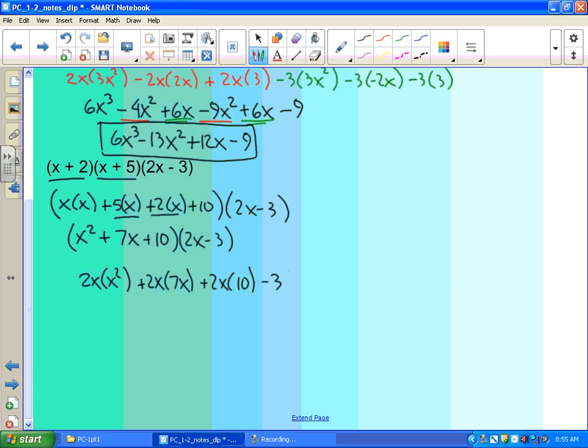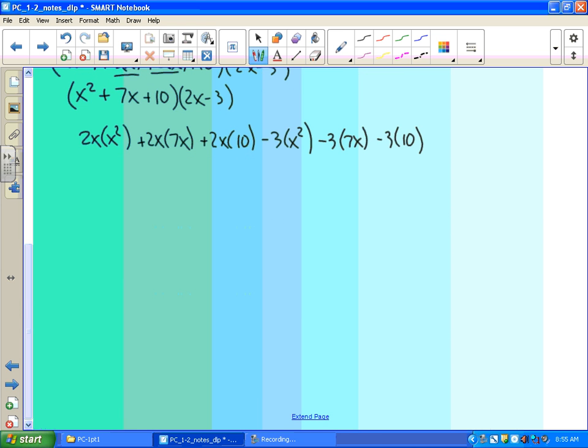So negative 3 times x squared, and negative 3 times 7x, and negative 3 times 10. 2x cubed plus 14x squared plus 20x minus 3x squared minus 21x minus 30.